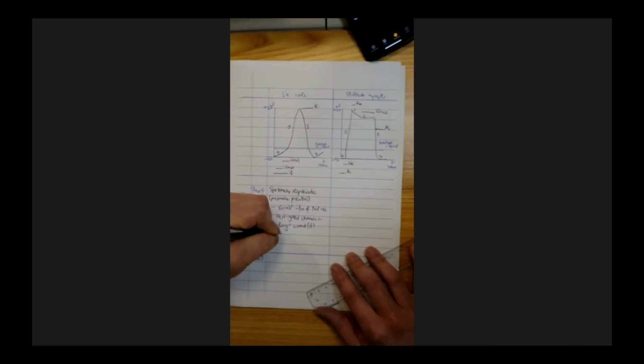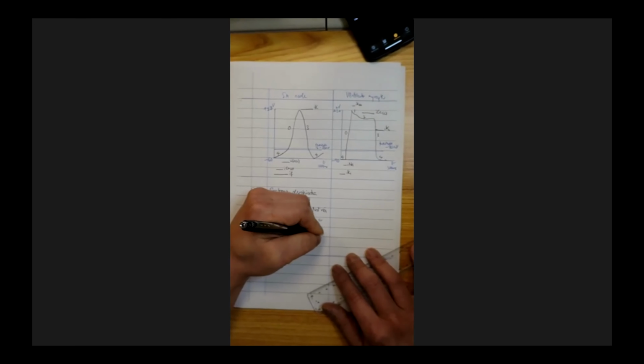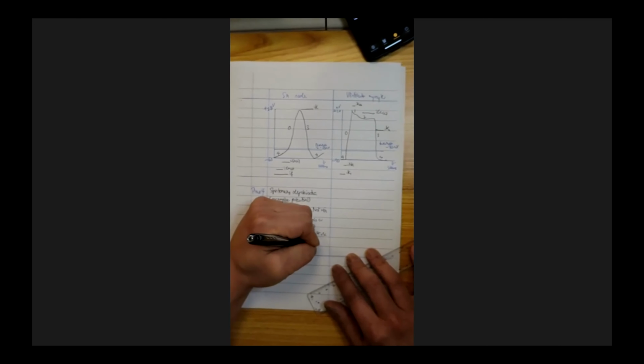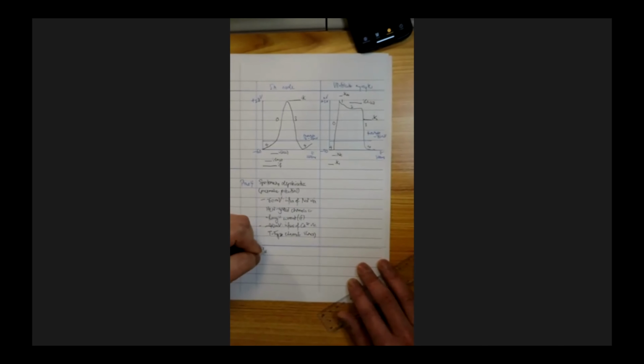And then at -40 millivolts, you get influx of calcium via the T-type channels. So ICaT.